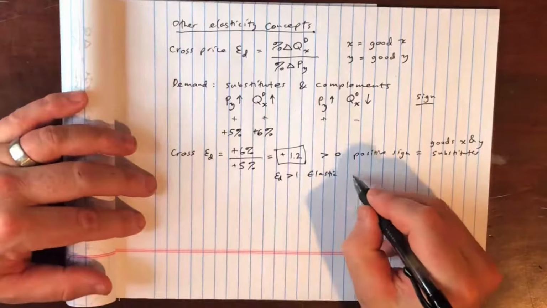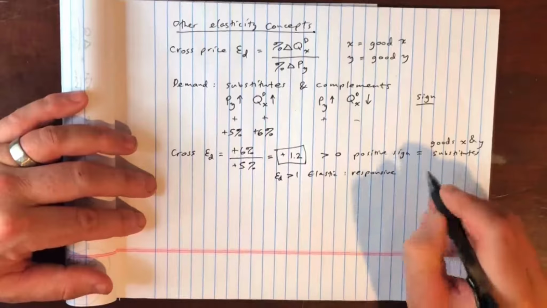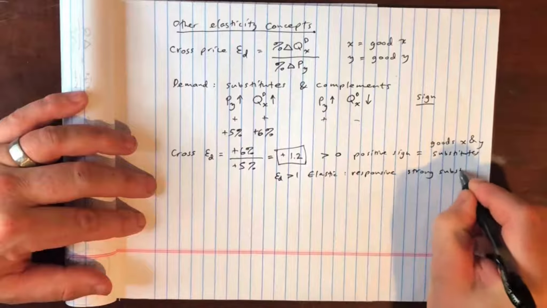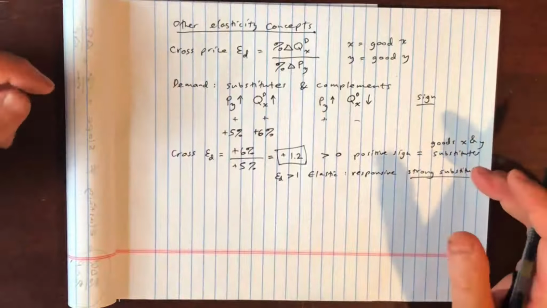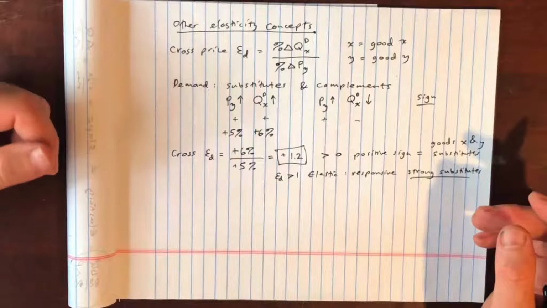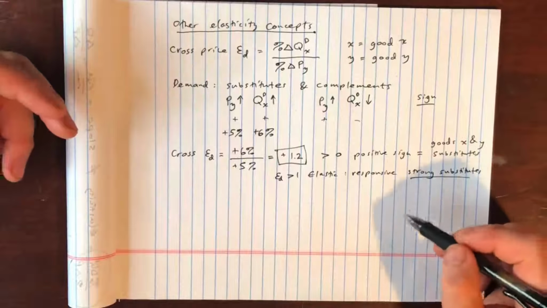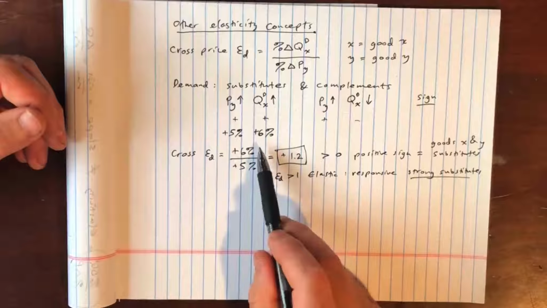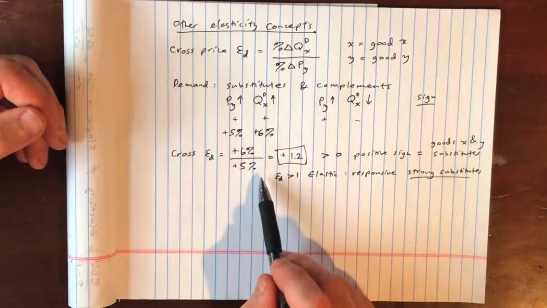Elastic means it's responsive, and this is what we would call strong substitutes. Relationships can be either strong or weak. When there's strong substitutes, a lot of people make that substitution, or the effect on the overall quantity demanded is larger than the price change.